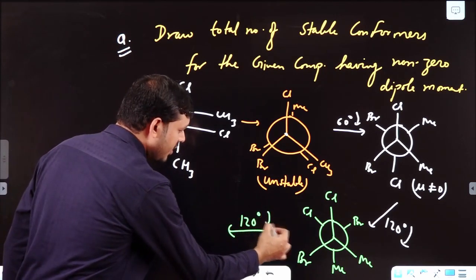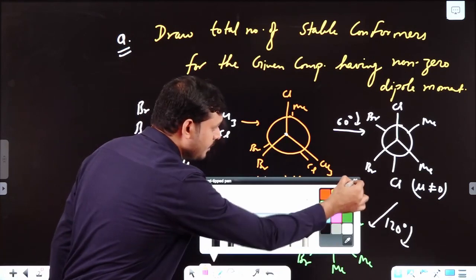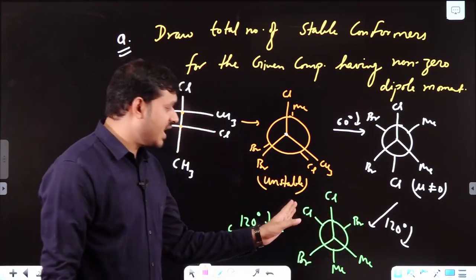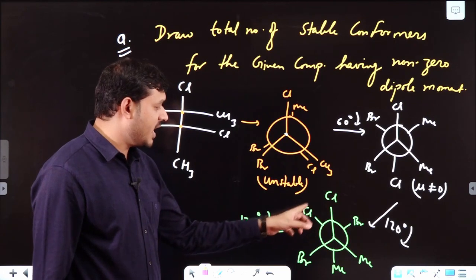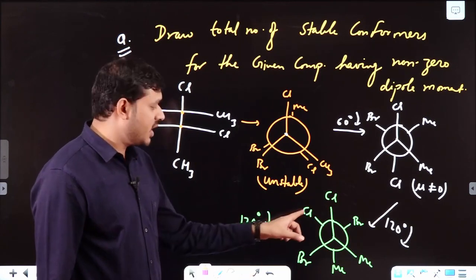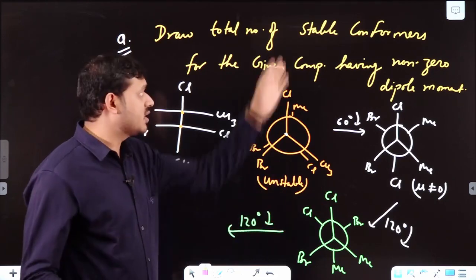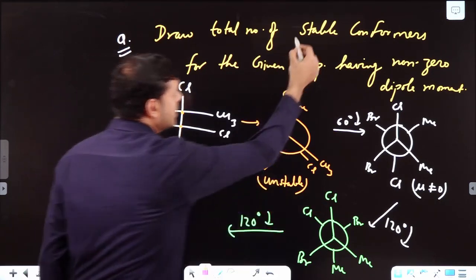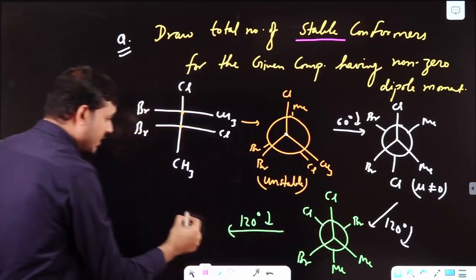Now again let's do one thing. Rotate 120 degree clockwise. Why? Because you can observe for this one, on 60 degree rotation, what you will get? By 60 degree rotation, it will become again eclipsed form. Okay, on rotating backside 60 degree, you will get eclipsed, which is not possible because it is unstable. And you have been asked for stable conformers. So 120 degree from backside clockwise.